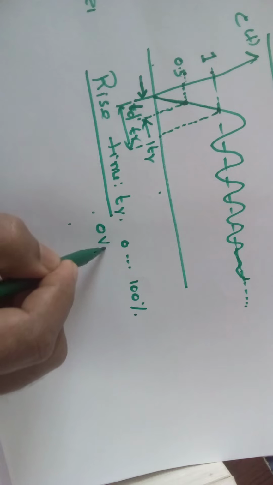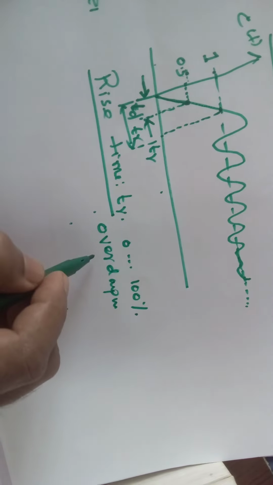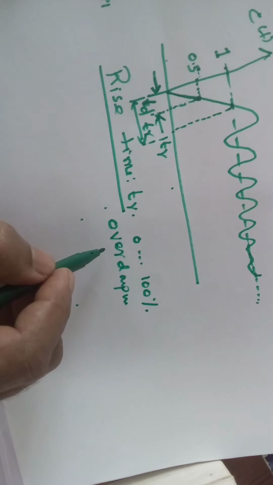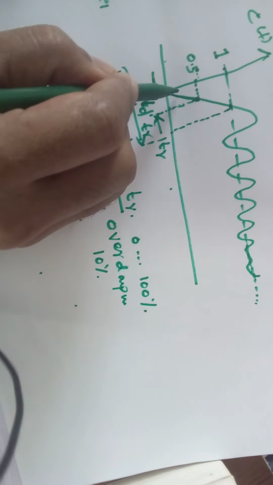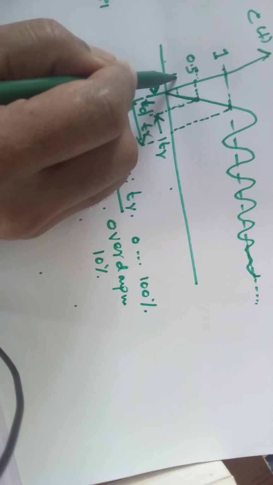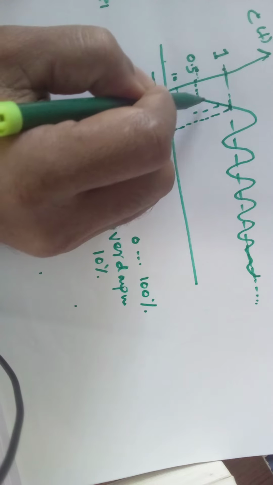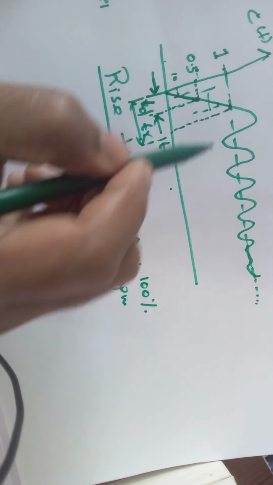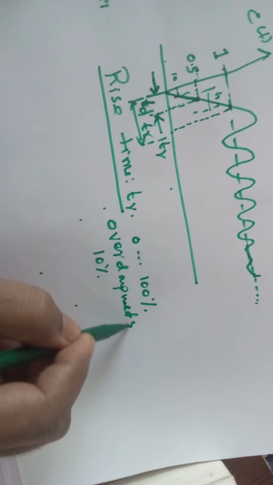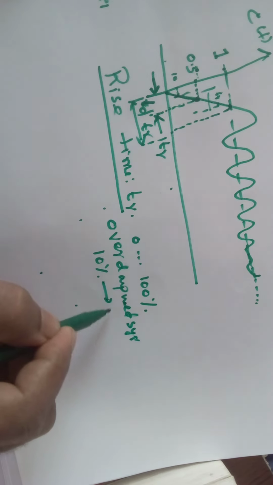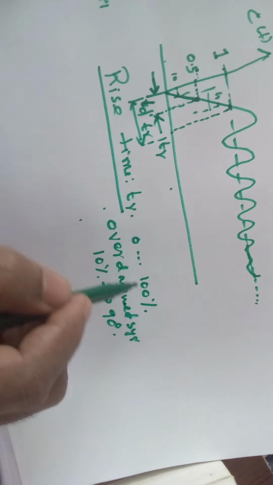For an overdamped system, you calculate the rise time for the response to rise from 10% to 90%. So this duration is called your rise time, TR, in the case of an overdamped system. 10% to 90%. For an underdamped system, it is 0 to 100%.